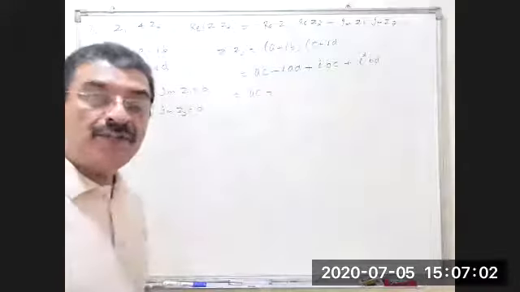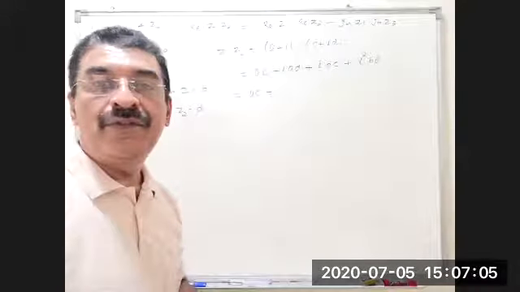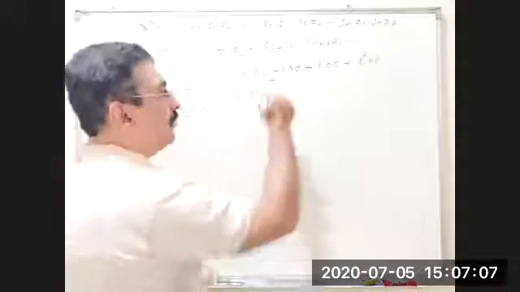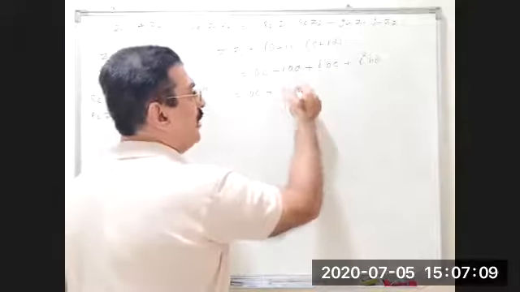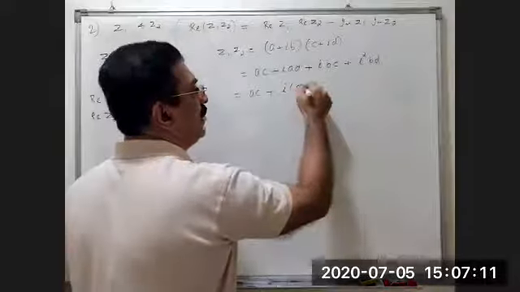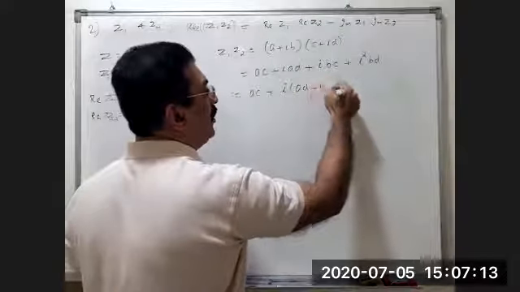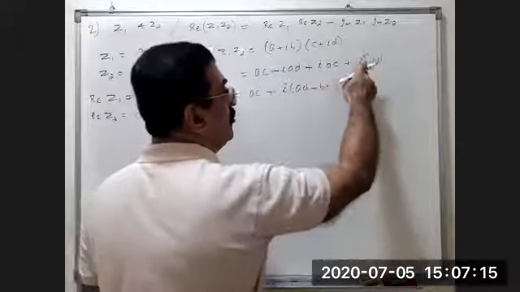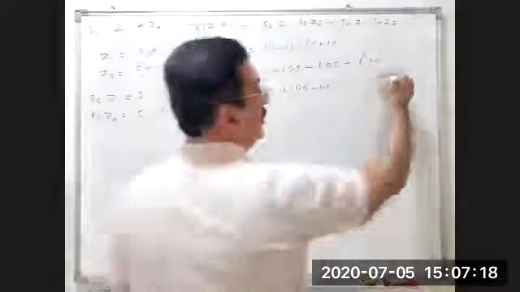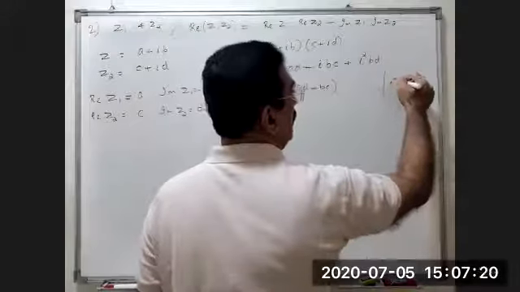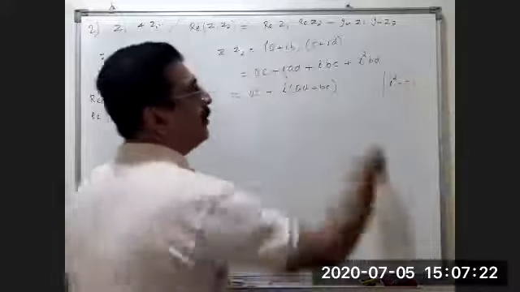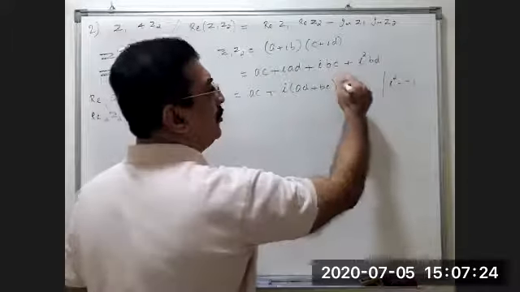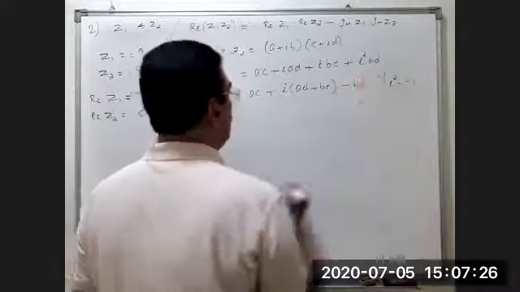In all complex numbers, group all those terms with i together. That is, by taking this common factor i, what is left out? ad plus bc. We know the value of i squared. We learned it. i squared is minus 1. So if this i squared is minus 1, this becomes minus bd.